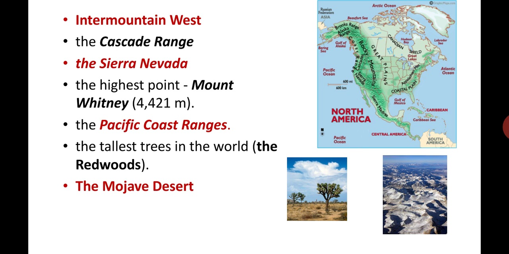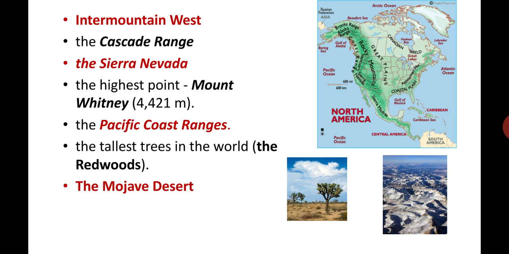And there is also one more territory of the United States. This is Intermountain West. Intermountain West is characterized by the Cascade Range and the Sierra Nevada. These are mountain peaks, and the highest point here is Mount Whitney, which is 4,421 meters.